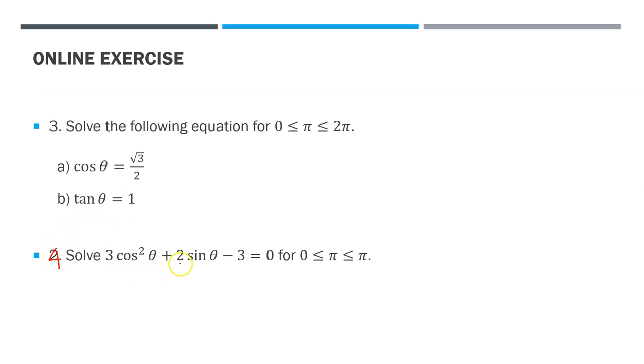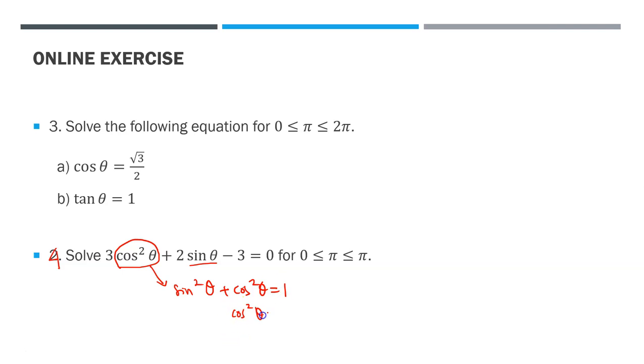If you look here, 3 cos square theta plus 2 sin theta minus 3 equals 0. How to solve this? We will apply quadratic equation information. In this case, this term you cannot change anymore, but this one you can change by using the identity. Previously, you learned that sine square theta plus cos square theta equals 1.